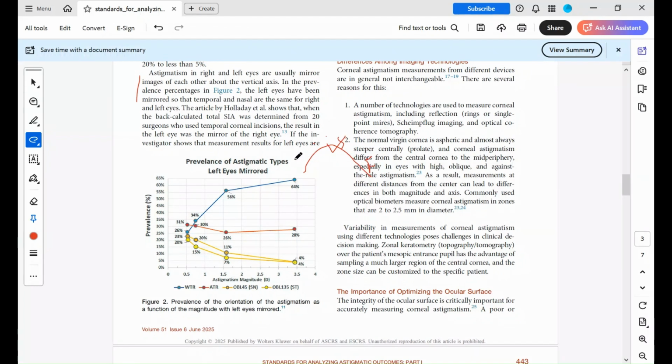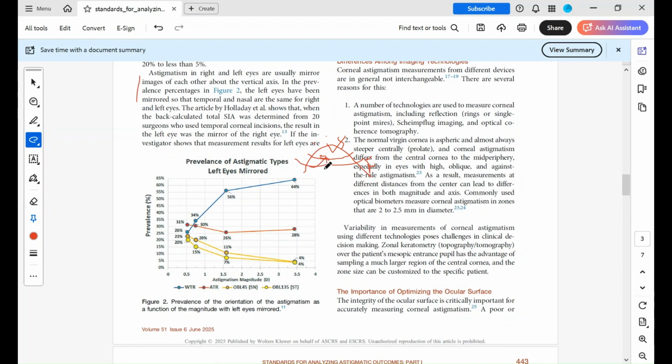Now, consider this: if you measure the keratometry with the manual keratometer, which measures around 3.2 millimeters of the cornea, compared to the IOLMaster 500, which measures around 2.5 millimeters, you are moving from 3.2 towards 2.5 millimeters of the cornea.